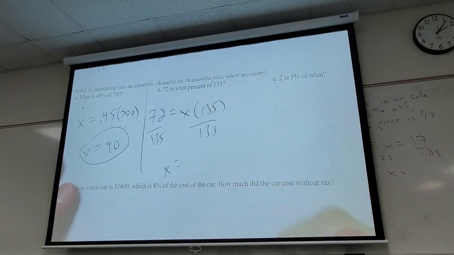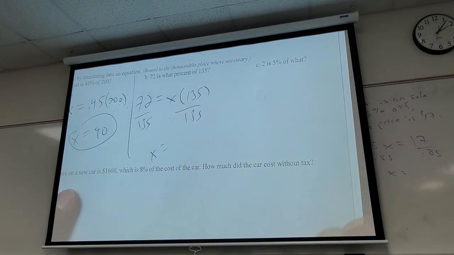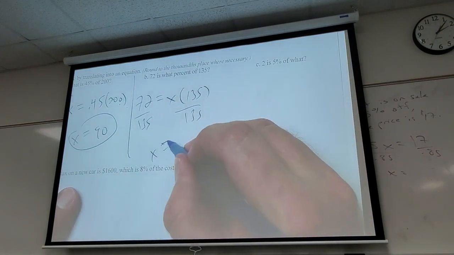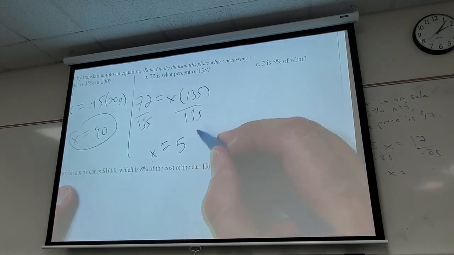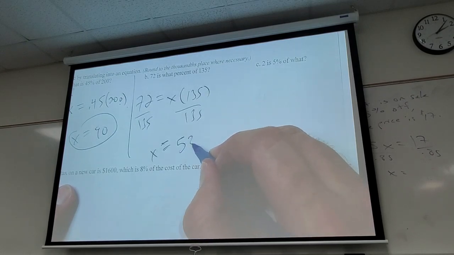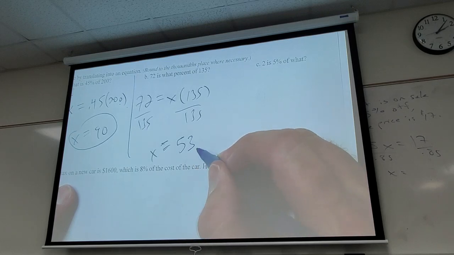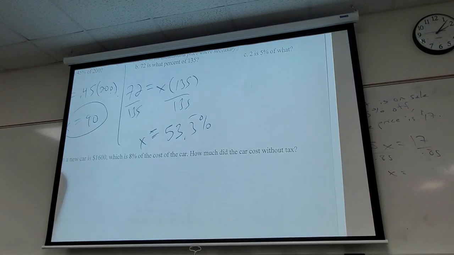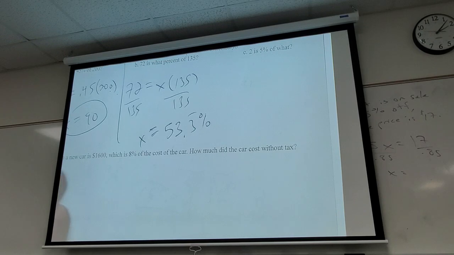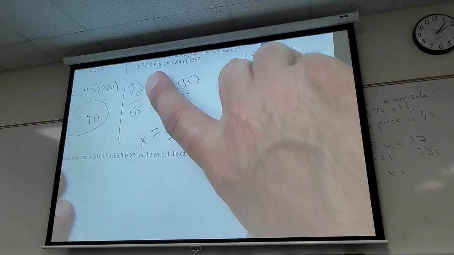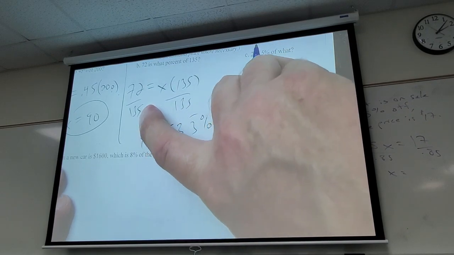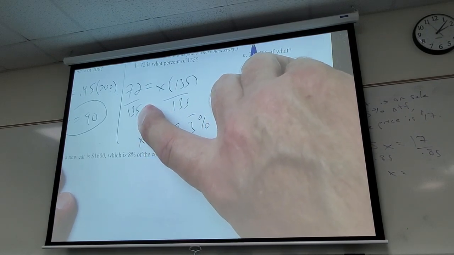And you get something that looks like it probably comes out not too evil. 0.53 repeating. Just the 3 repeating, yeah. Why does that make sense? Because 72 would be half of 144, so it should be a little more than half of 135. So your answer makes sense.